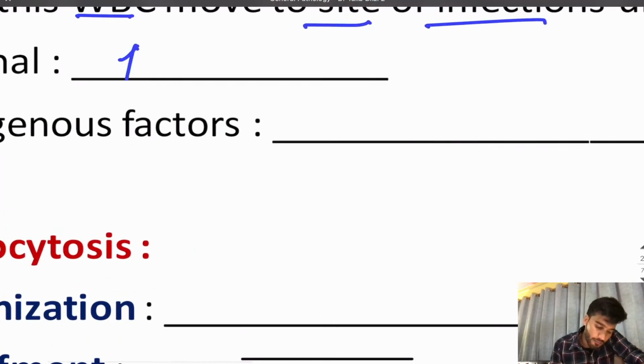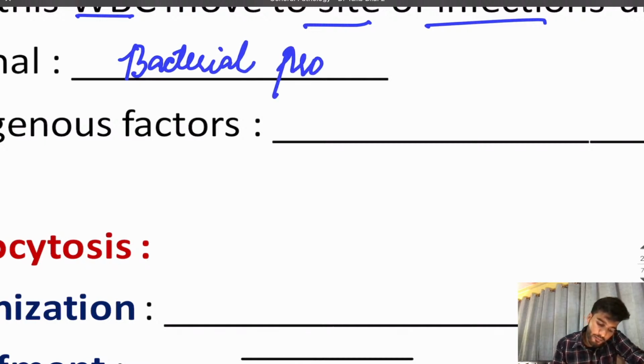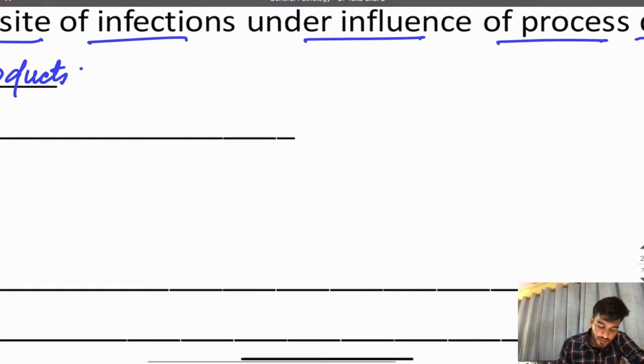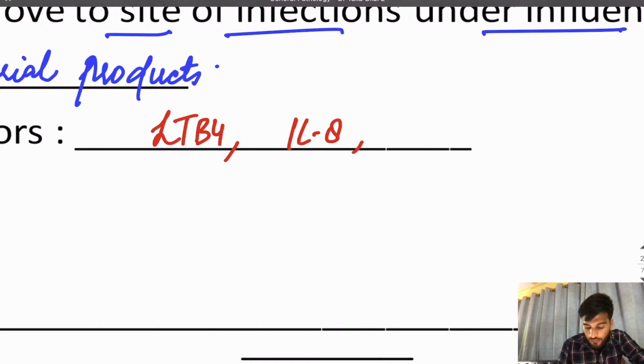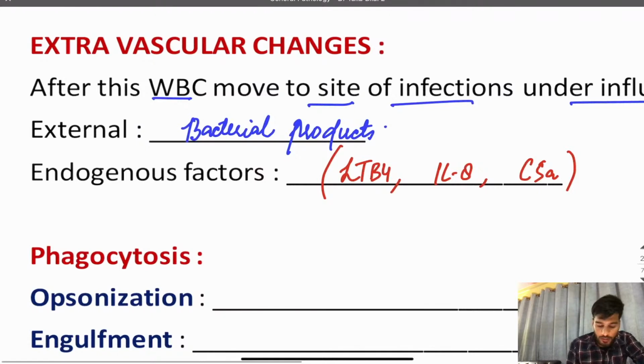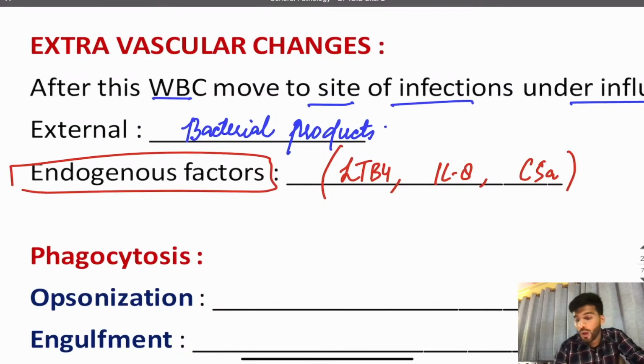Exogenous bacterial products help, and also endogenous factors. Among endogenous factors, guys, we have leukotrienes, LTB4, interleukin 8, and complement C5a. Important, guys. The endogenous factors helping in extravascular events are leukotrienes, interleukin and C5a.